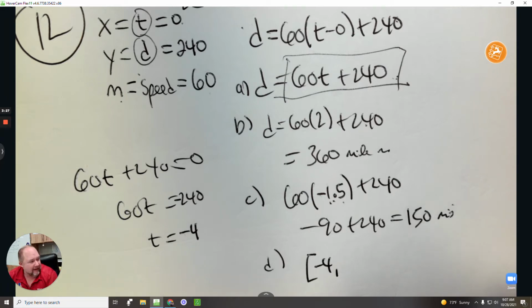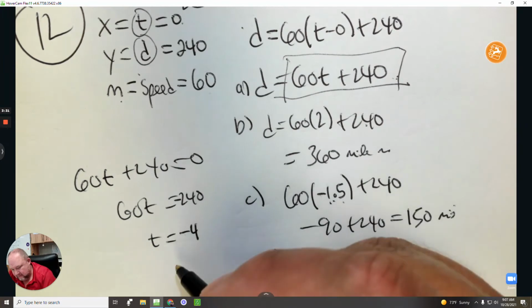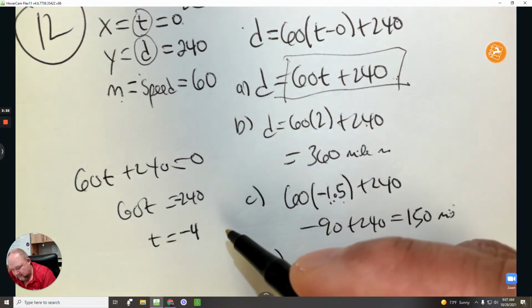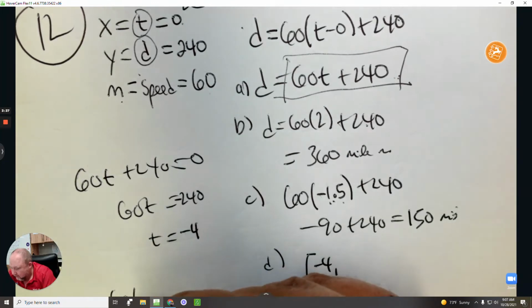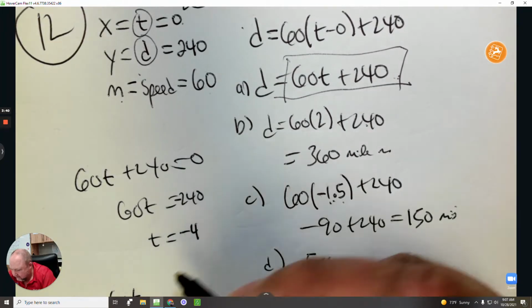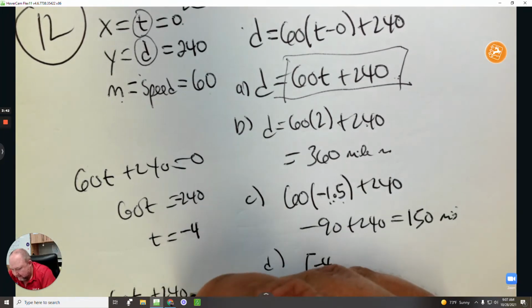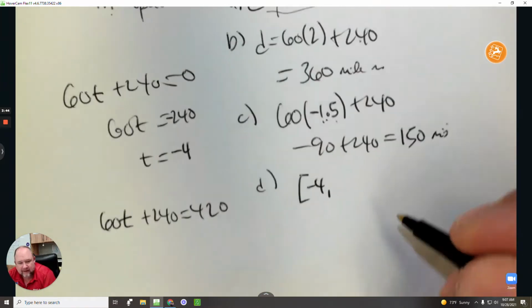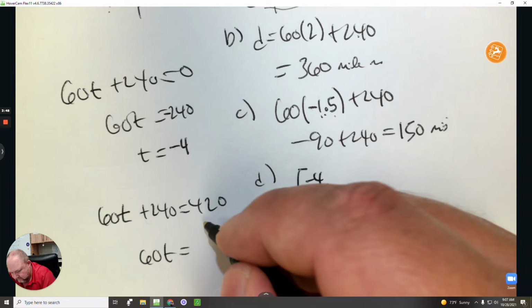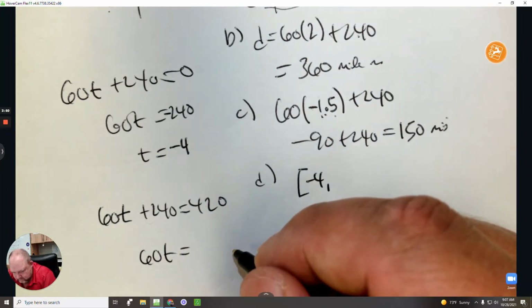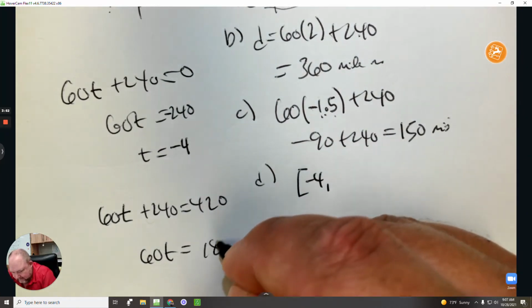And then how about the other direction? It's 420 miles. So I'm going to make it equal to 420 miles. Subtract 240. 180.